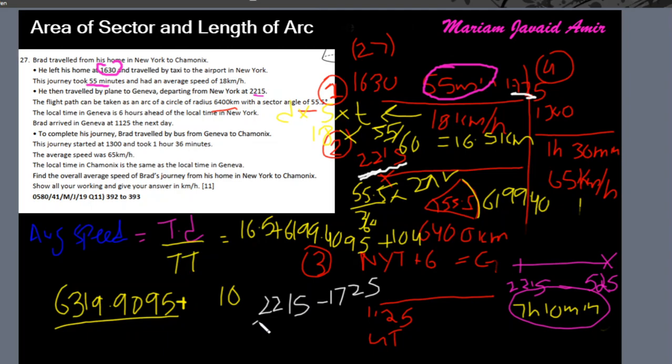So this becomes 21, give 60 to 15, which becomes 75 minus 25, so this becomes 50, and 21 minus 17 becomes 4. So 4 hours 50 minutes is the wait time, so I'm writing it here. 4 hours 50 minutes is the airport waiting time.